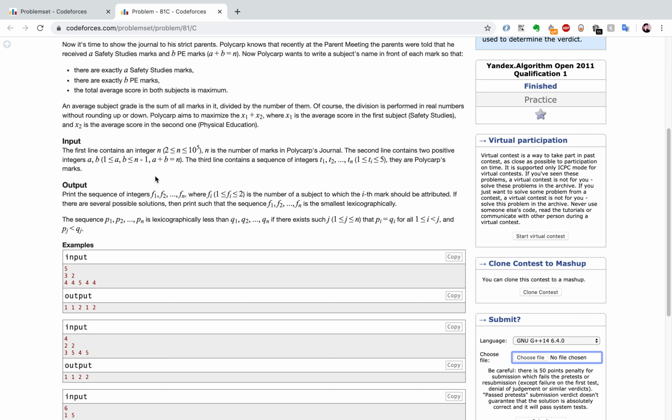Then we are given n integers, which are the marks. We need to assign them to set 1 or set 2, and if there are several possible solutions, then print the sequence. What is the maximizing criteria?